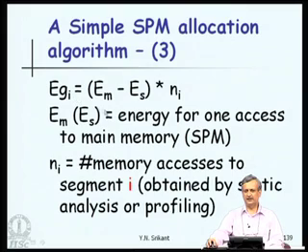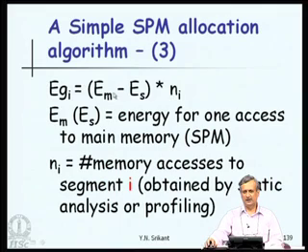So, how do we compute the energy gain? We look at EM, which is the energy for one access to main memory, and ES, which is the energy for one access to the scratch pad memory. The difference between these two is the energy gain per access. Then you look at the number of memory accesses to segment i, obtained by static analysis or by profiling the program.